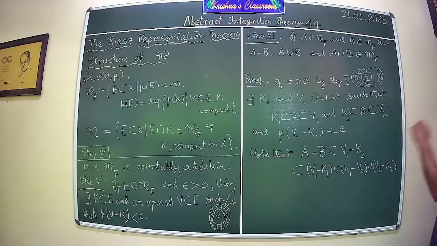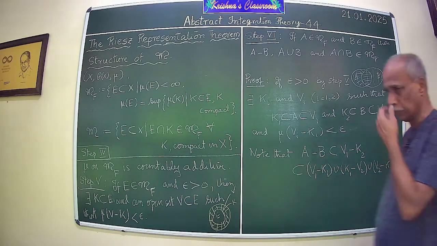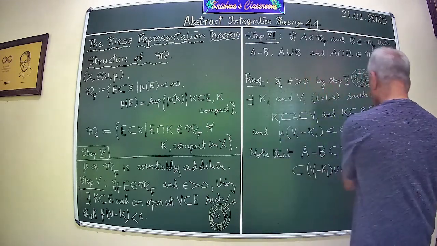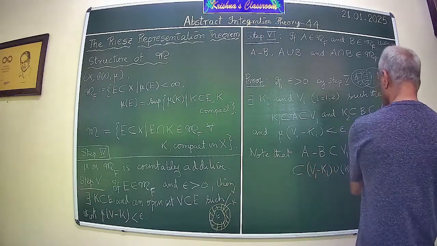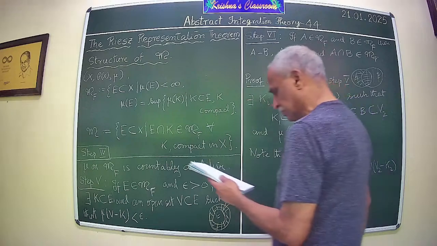So V1 minus K2 contains A minus B. That is easy to see, and then this is a breakup that you have for this.